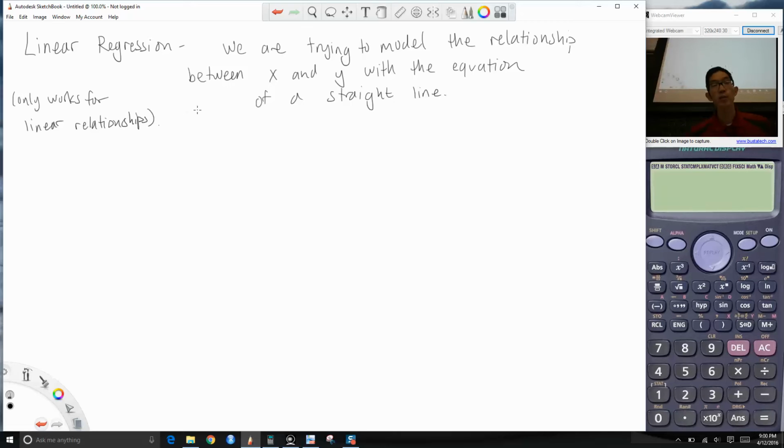Okay, so if you think back to algebra, in what form is the equation of a straight line? Right, so from algebra, we'd say a straight line is y equals mx plus b. Okay, so what does M represent?